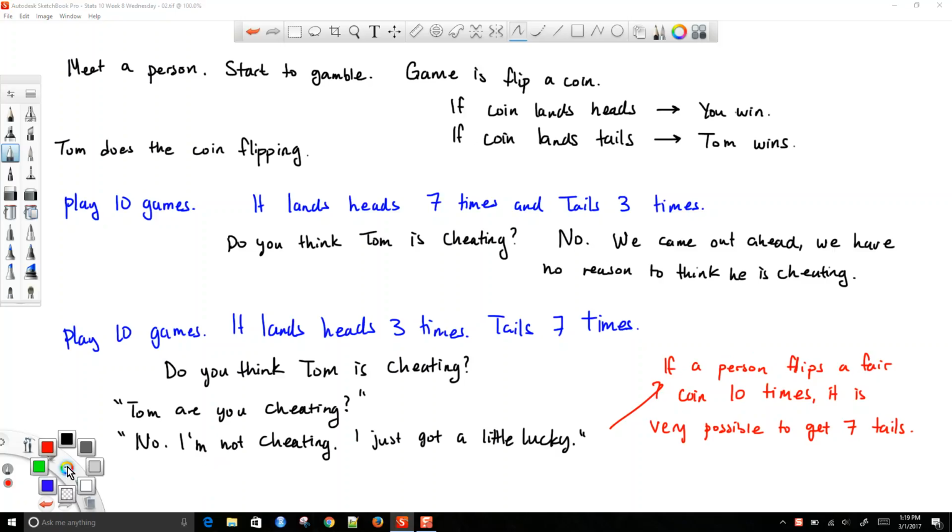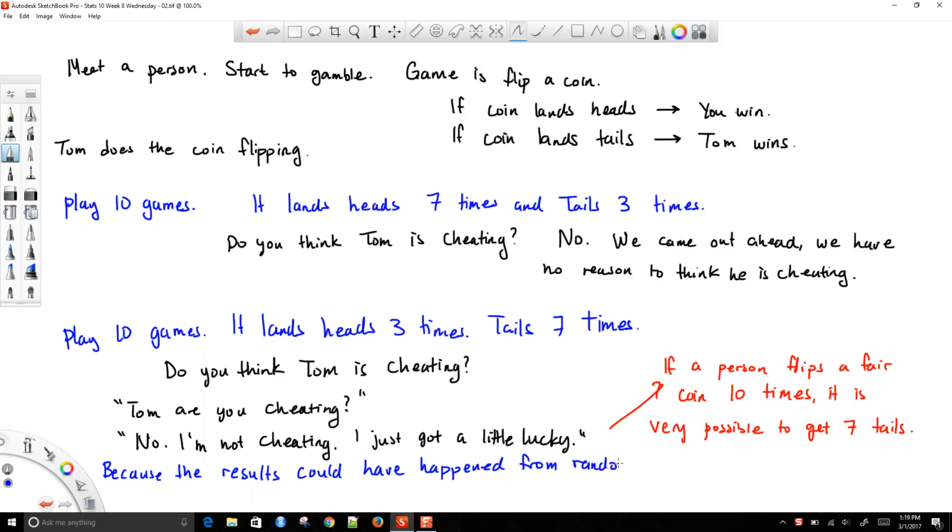Because this outcome is quite possible from random chance, we can't conclusively say that Tom is cheating, because the results could have happened from random chance. We cannot say that Tom is cheating.